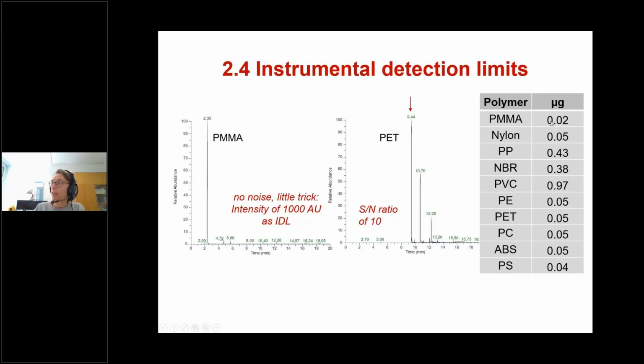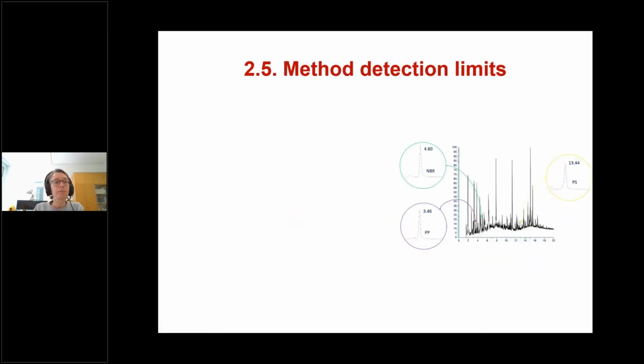So the instrumental could detect 0.02 micrograms absolute, which is very low. For the PET, we can see here in this chromatogram that there is some noise. So at the end, we use the conventional signal-to-noise ratio of 10 to calculate the instrumental detection limits.